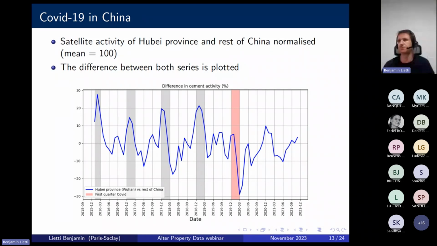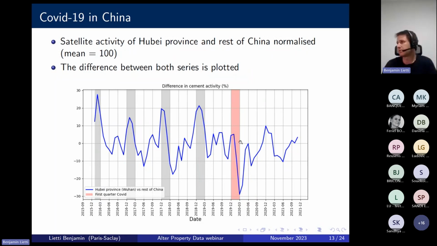One is the cement plants in the province of Hubei. That's the province where Wuhan is, so the epicenter of COVID-19. And then the other group is all the other plants in China. And we normalize it by taking the mean of the series equal to 100. And finally, we just difference both series, and that's what's plotted on this graph.